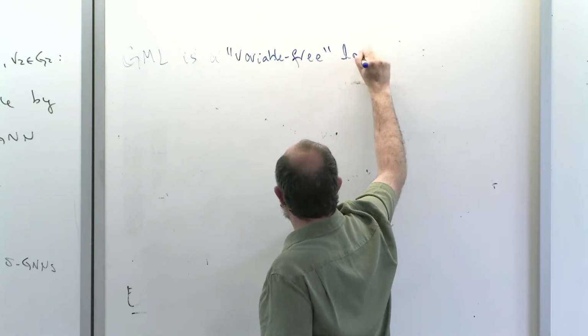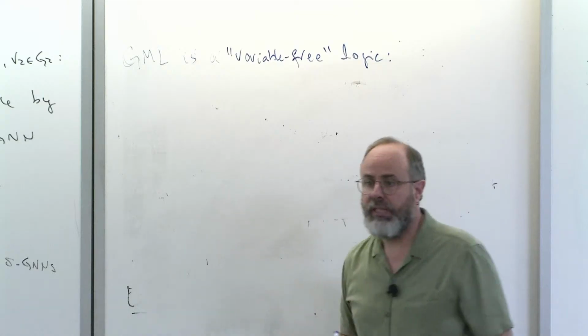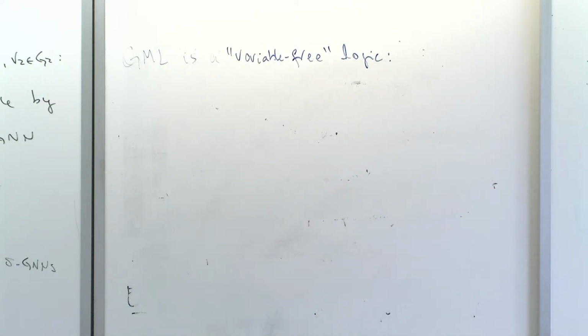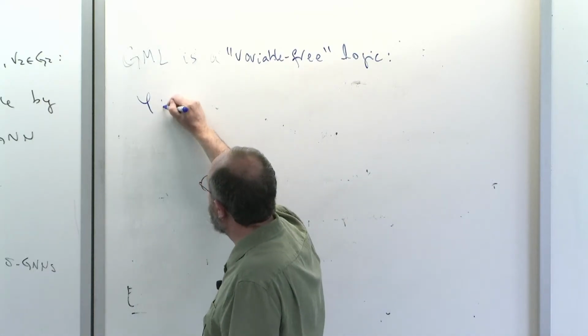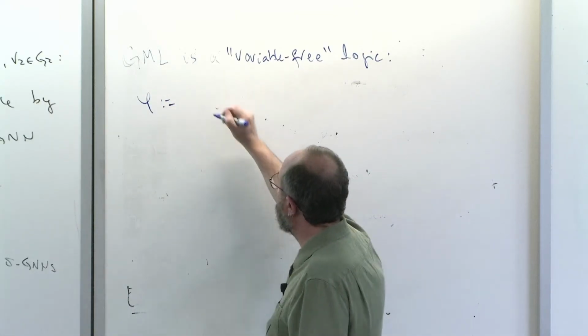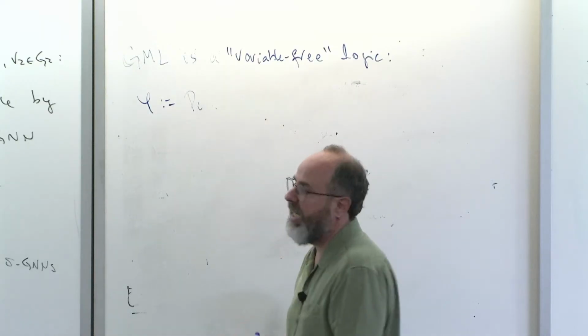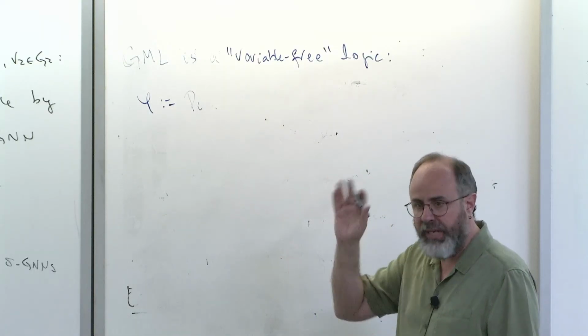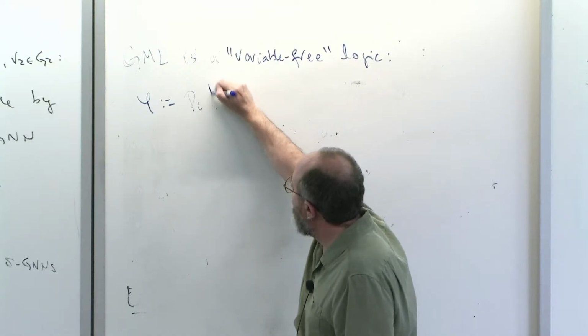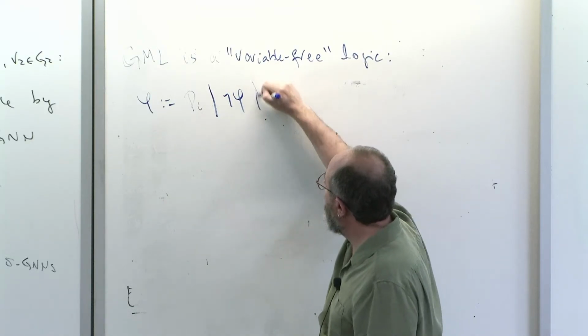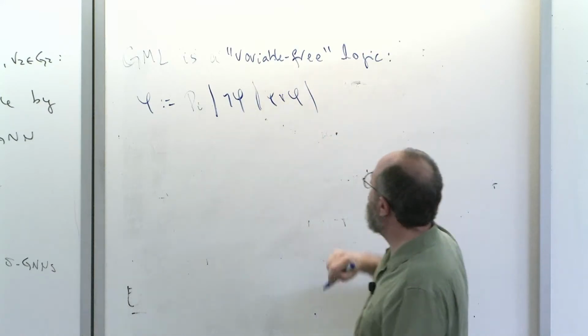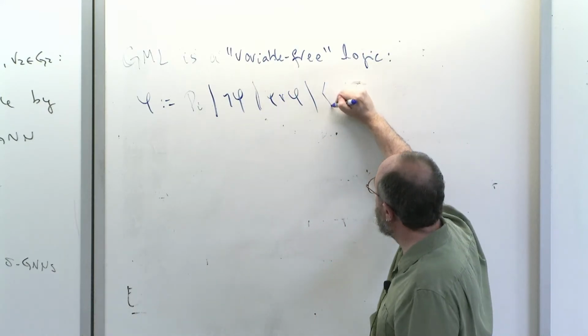There are no variables in this logic. It's a modal logic. Yeah? And what can we express here? We can express formulas defined by the following syntax. We can say p sub I, as before, but without a variable, p sub I. We can take the negation of a formula. We can take the disjunction of two formulas, and we can do diamond.